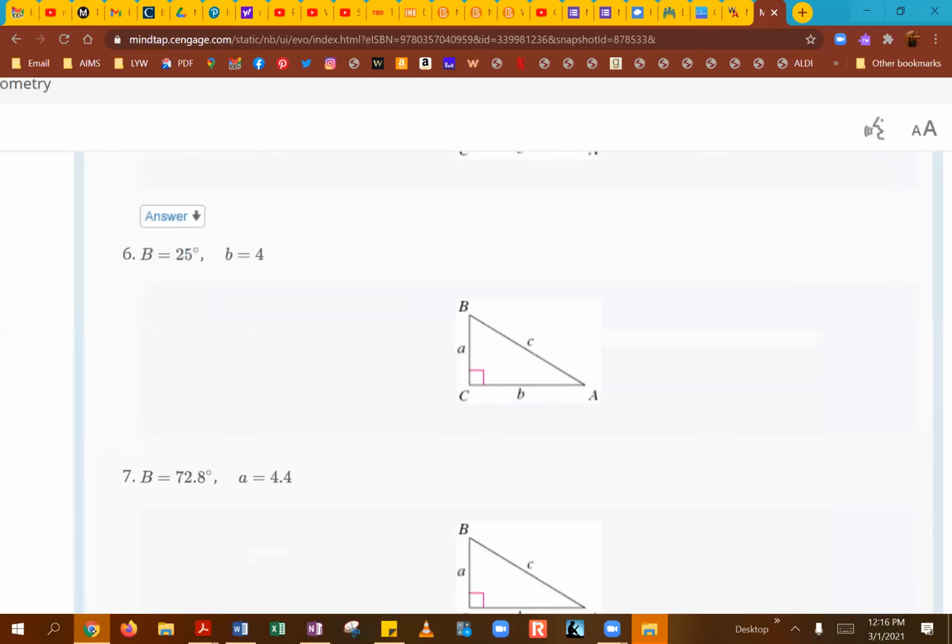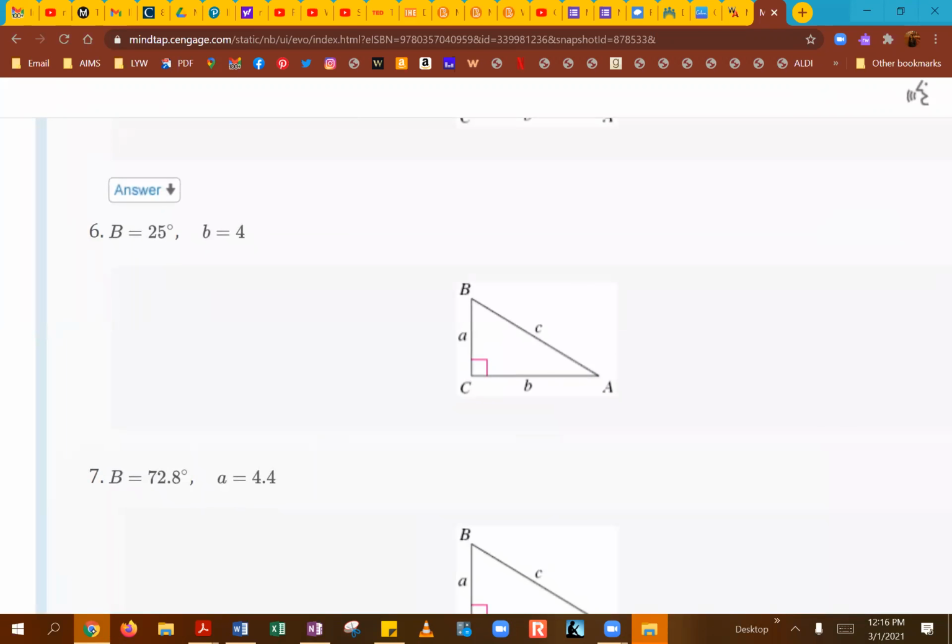So let's start with number 6 over here. So you can see angle B. Remember, we use capital letters for angles and small letters for sides. So they're telling us angle B is 25 degrees and side b is 4. So now you need to find angle A. So what do you think the measurement for angle A is going to be?